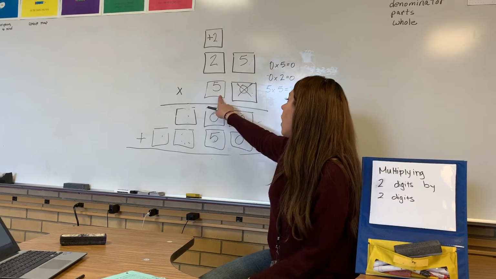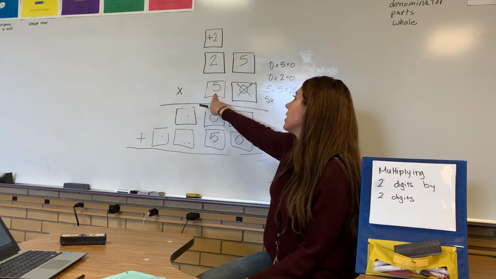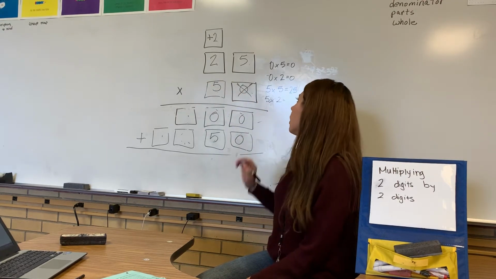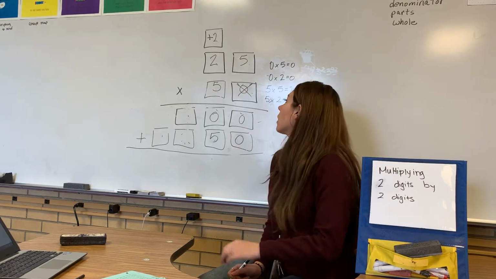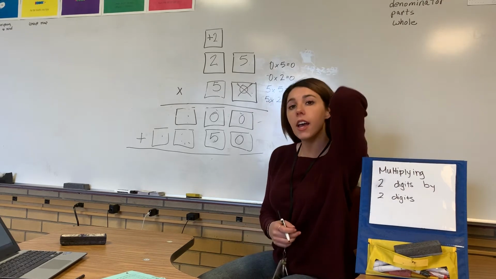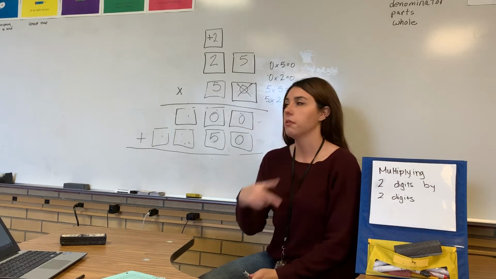Now I'm going to do 5 times 2 because I have to multiply this number by every number on the top. So 5 times 2, I'll give you a second to find that or pause it. Okay. 5 times 2 is 10. You can count by 5s by saying 5, 10.